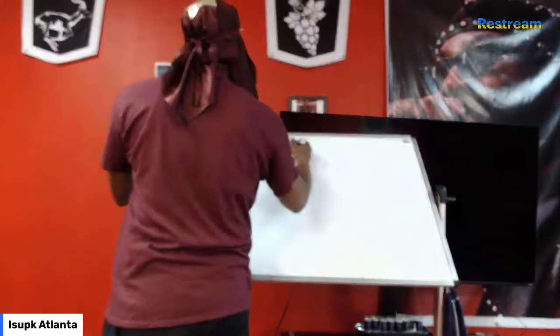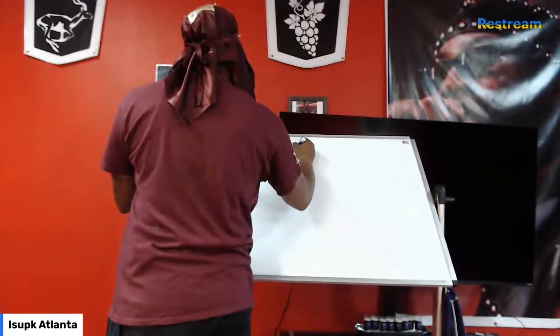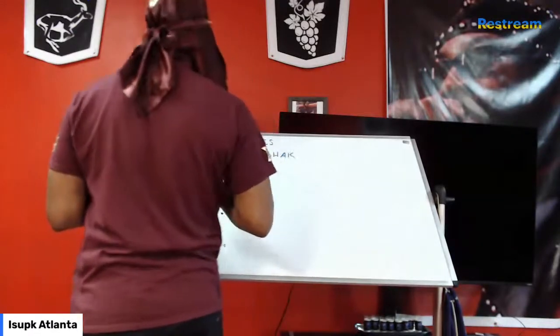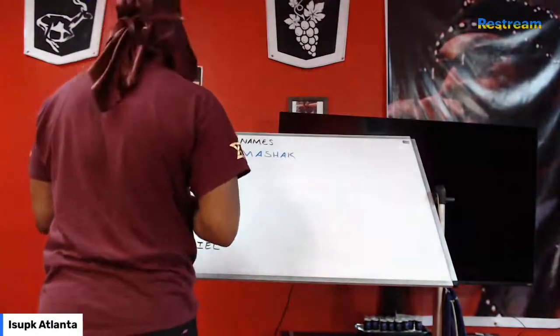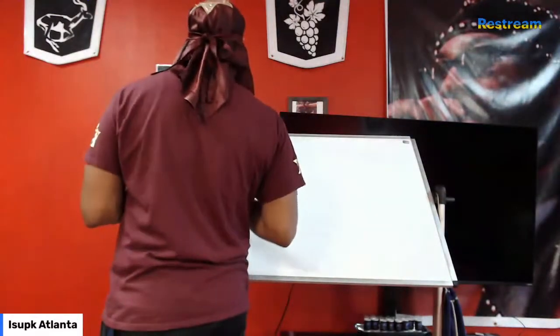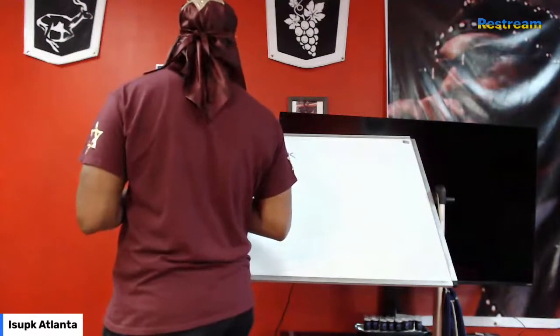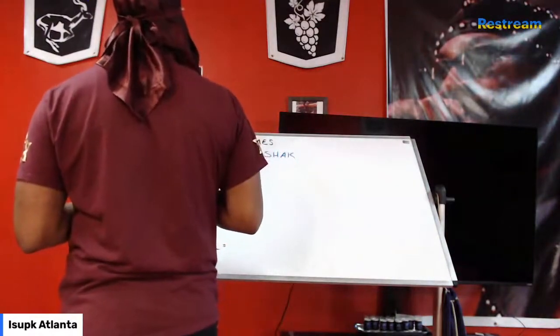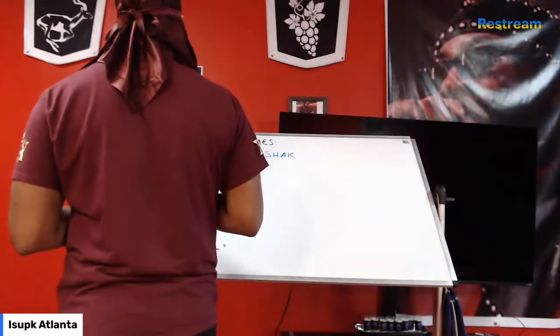Moses is Mashak in Hebrew. Okay, so we're going to write these out first in English, and then we'll write these out in Hebrew. So we have Moses, Mashak. And in English you're going to spell that M-A-S-H-A-K. Okay, Mashak.